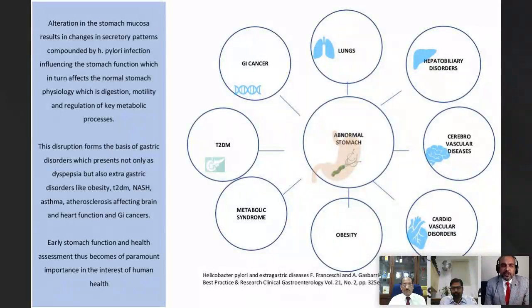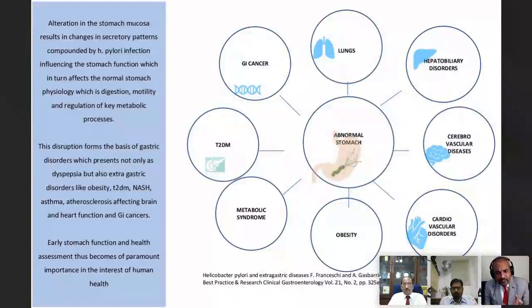The disruption is the basis of not only gastric disorders, predominantly dyspepsia, but also forms a pathophysiological basis for extragastric disorders like obesity, diabetes, NASH, asthma, atherosclerosis, and so on. And most importantly, in time these changes will lead to GI cancers.